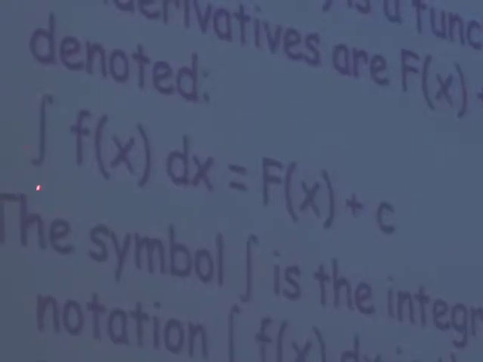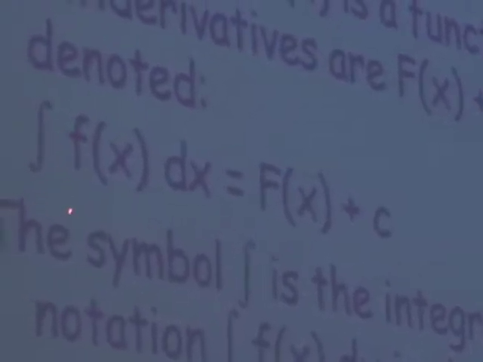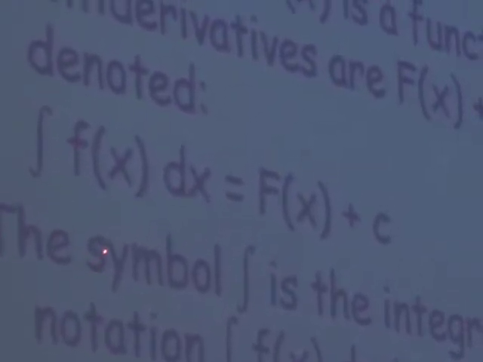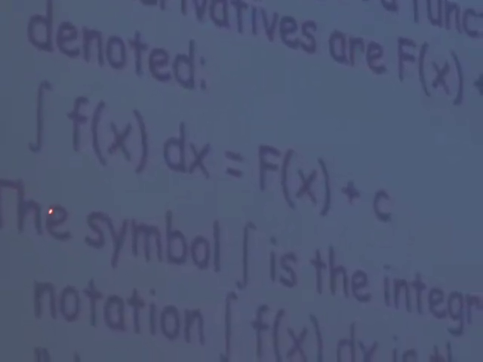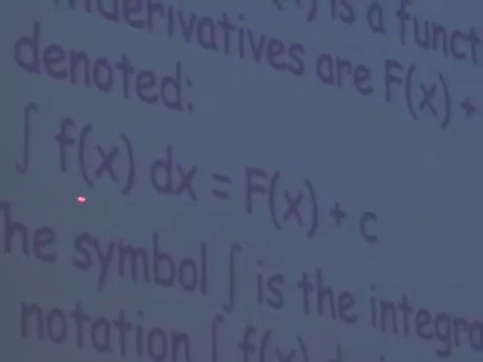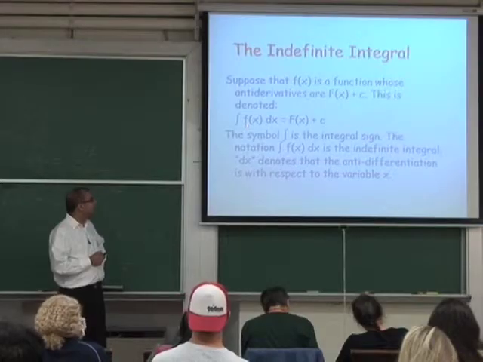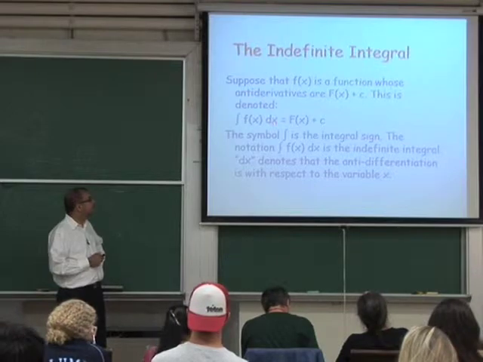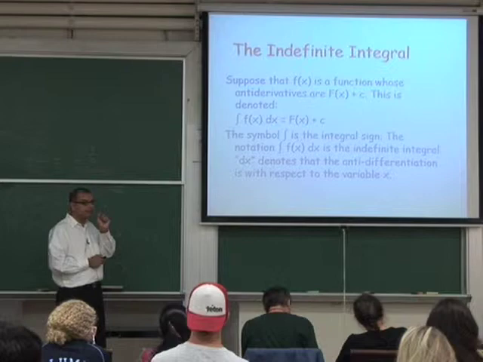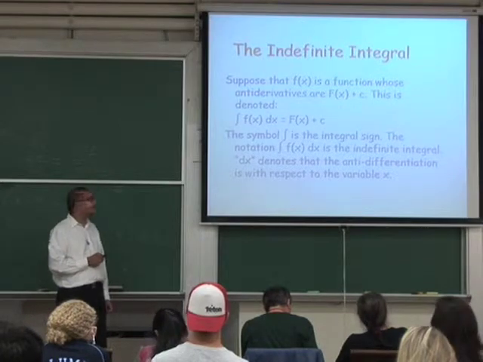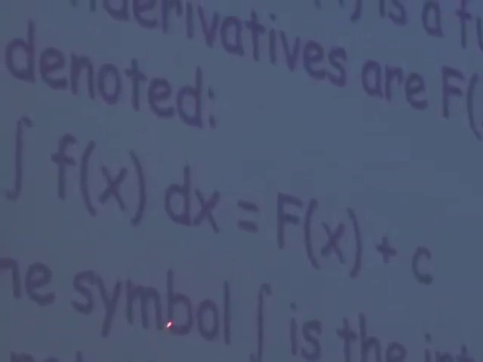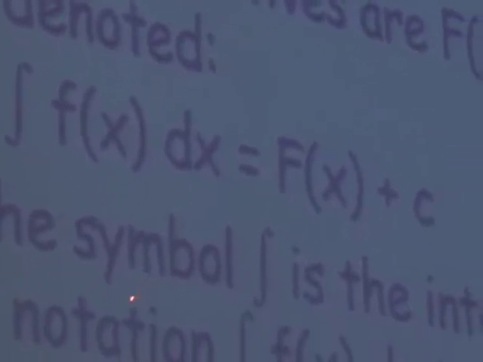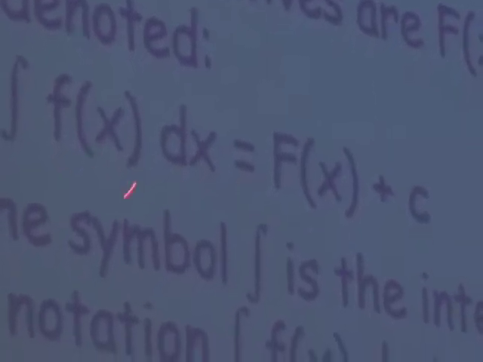This is a script s for summation, because an integral is just a summation over a continuous interval of f of x dx. The dx denotes the tiny interval, the tiny widths of the imaginary rectangles that you can think of, which you use to construct the area under f of x.